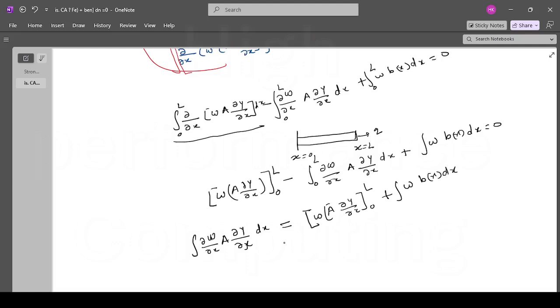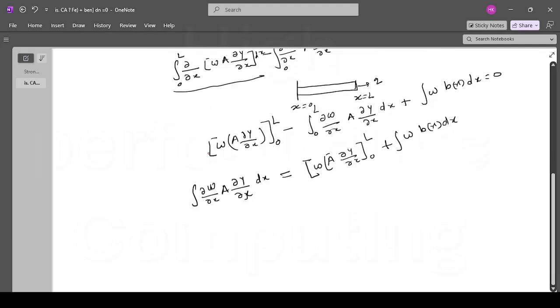As I told you in the previous slide, why do we use the weak form?